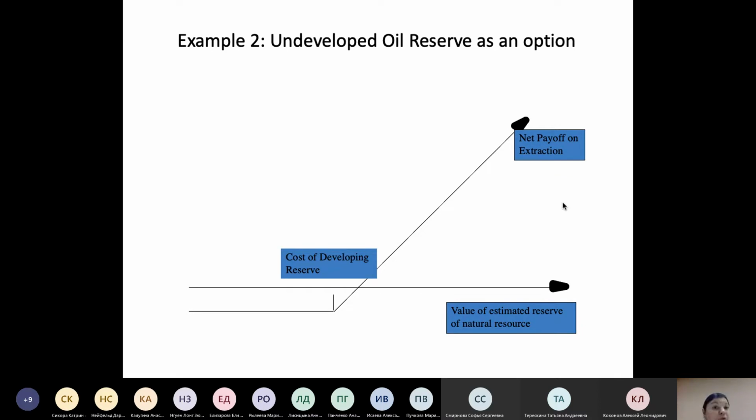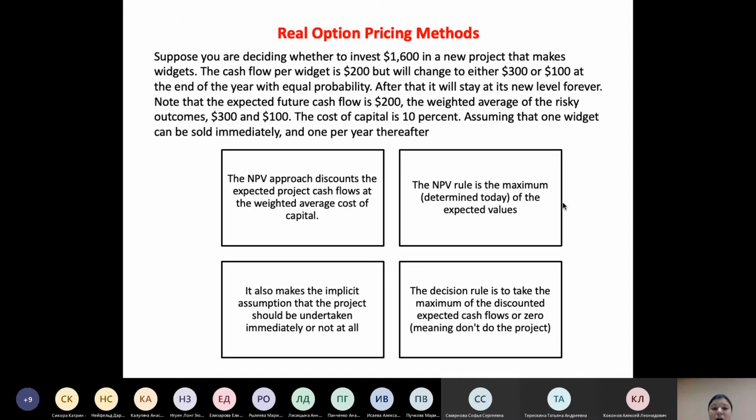Certainly, it will be the choice for us to realize this option or to reject it. But if the cost of developing the reserve is low compared with our expected profits, we'll realize this option. As an example of an option, we have the opportunity to expect the best start, the most profitable point of realizing our option.